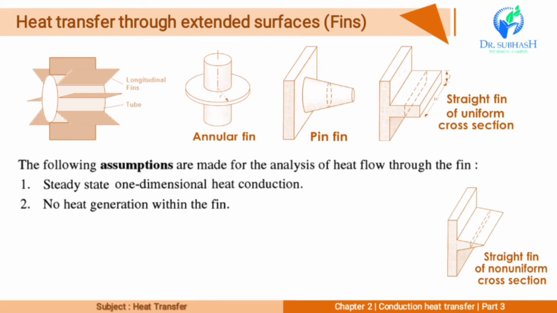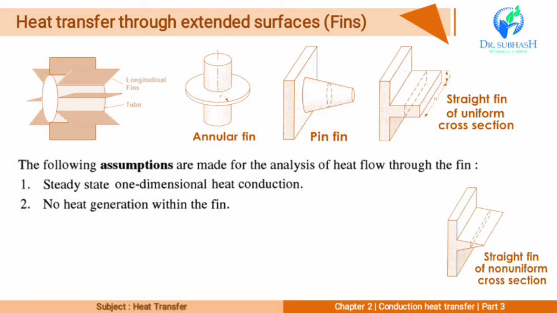For the proper design of fins, knowledge of the temperature distribution along the fins is necessary. In this topic, the mathematical analysis for finding the temperature distribution and heat flow from the different types of fin will be discussed. The following assumptions are made for the analysis of heat flow through the fin.